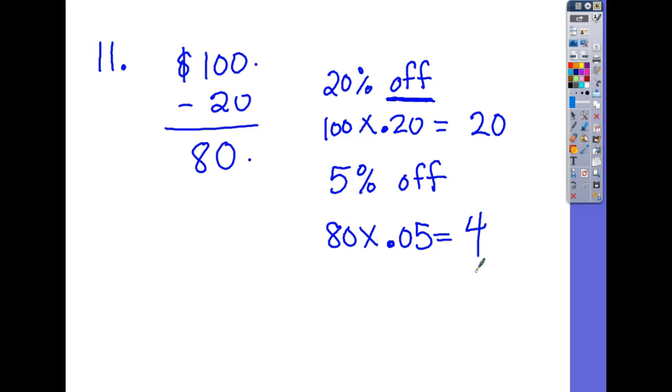It wouldn't be $40 off. That would be half, 50%, not 5%. So if the coat started out at $100, with both of the discounts, I would be paying $76. $76 out of $100. Can you find the answer choice that goes with 76 out of 100?